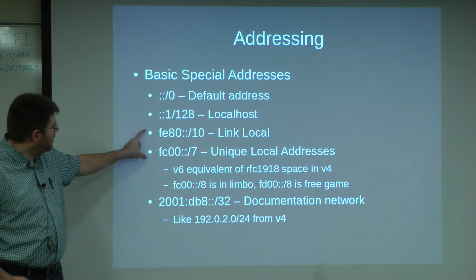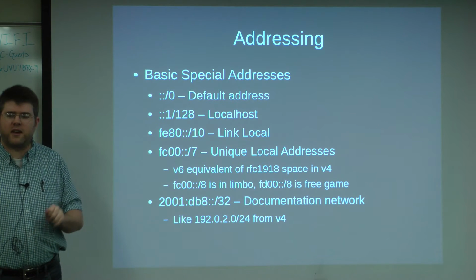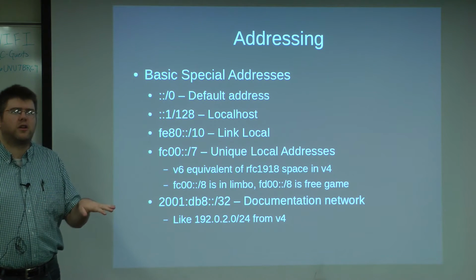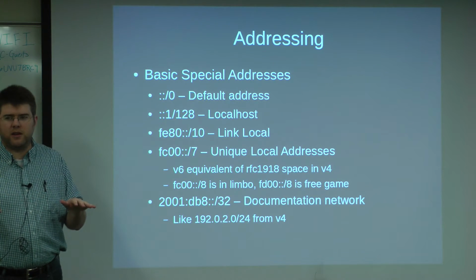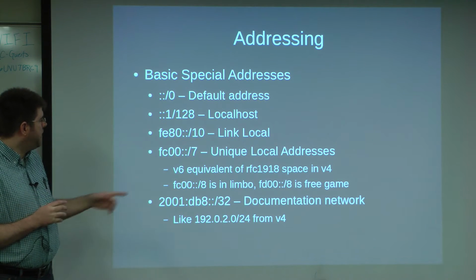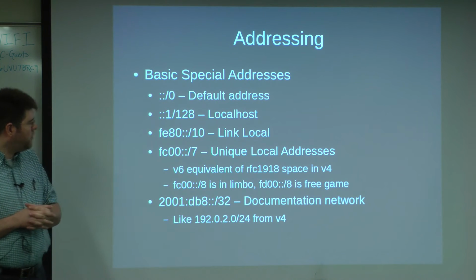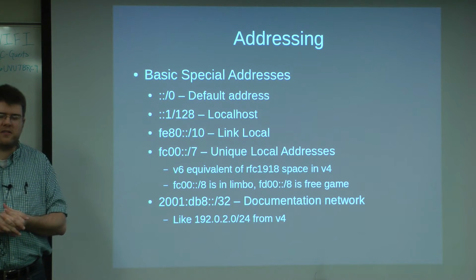Here's where we have some of our special cases. FE80, if you see an address like that, that is a link local network. You can only talk to devices with which you share a physical media using those addresses. FC00/7 is the equivalent of RFC 1918 space in v6.